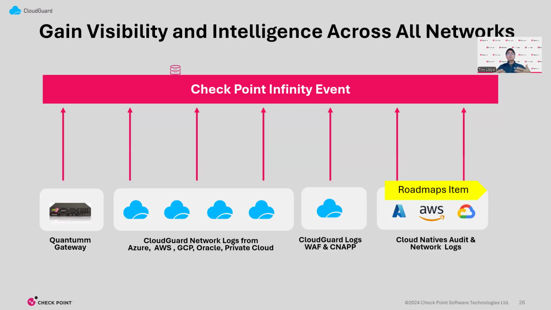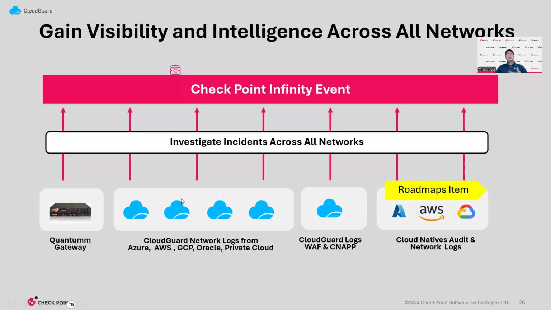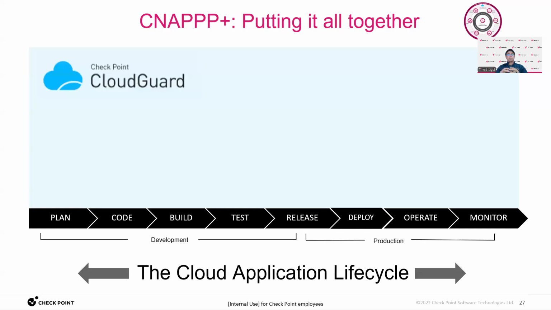But with our CNAPP portfolio, and our CloudGuard network and our WAF platform, everything is aggregated into Checkpoint Infinity Event, where we are able to take those logs to gain meaningful information so that we can guide you in effective risk management. And that's the big payoff of a single platform.